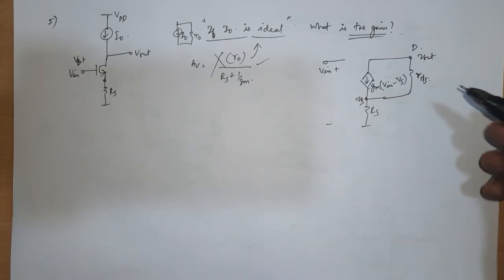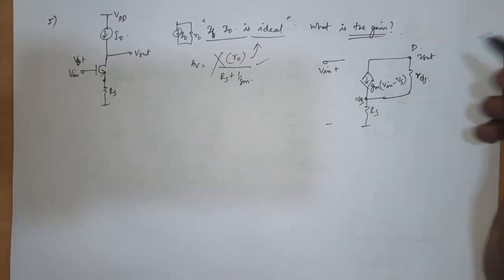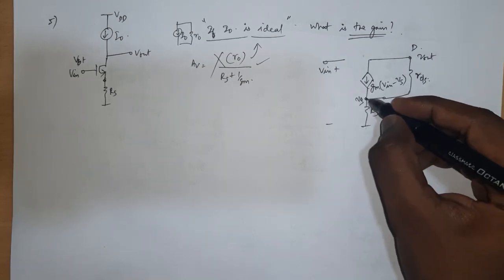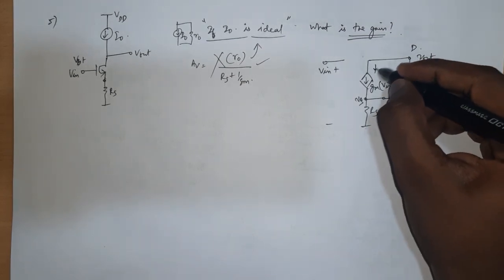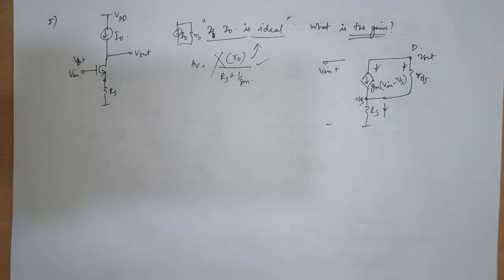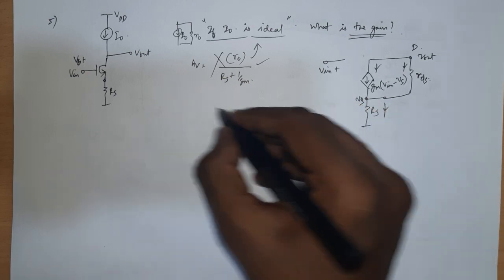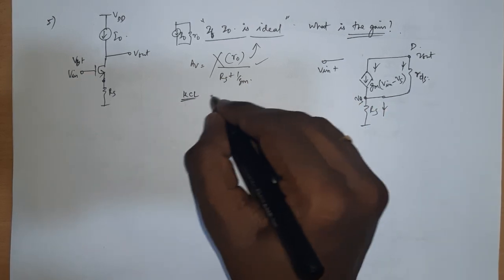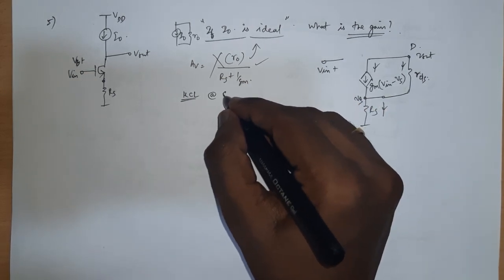So how would you solve it? First of all, you have a relevant node here. You have two currents flowing in and one current flowing out of this node, so you can write the KCL equation at node S.